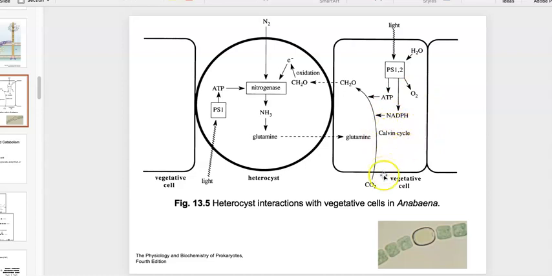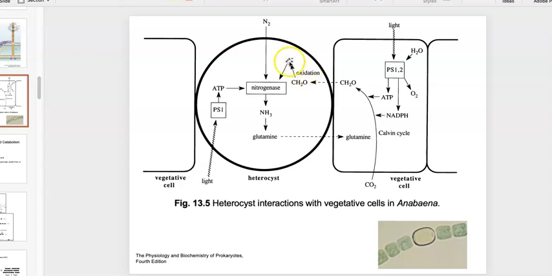Calvin cycle is basically just carbon fixation, where the microbes will take CO2 from the environment and using the energy and reducing power will turn that into organic carbon. And then the organic carbon can be metabolized here to make energy, but also can seep into the heterocyst and be oxidized by pentose phosphate or glycolysis.